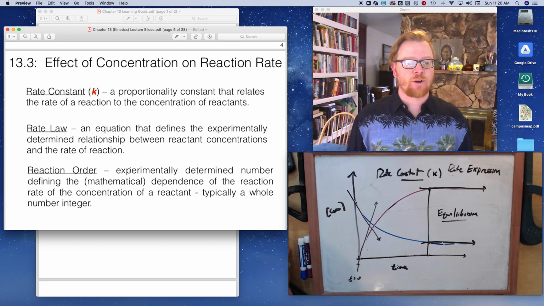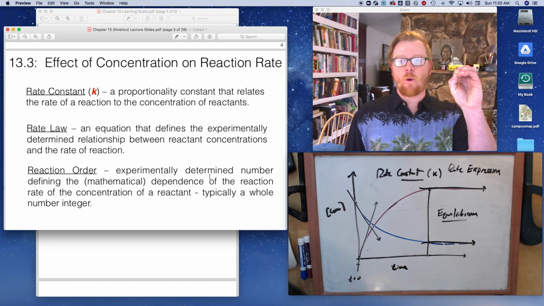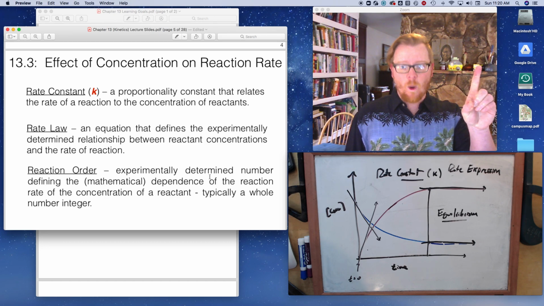The reaction order is an experimentally determined number that defines the mathematical dependence of the reaction rate on the concentration of reactant. So these reaction orders are typically whole number integers. And there's only going to be a few that we do in this class. We're going to do zero order, first order, and second order. And that's it. 0, 1, and 2.